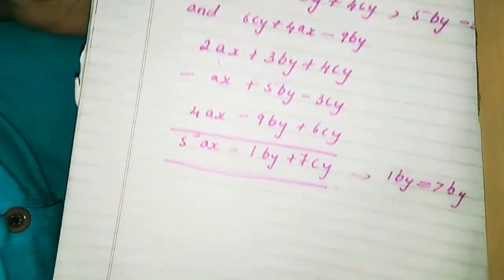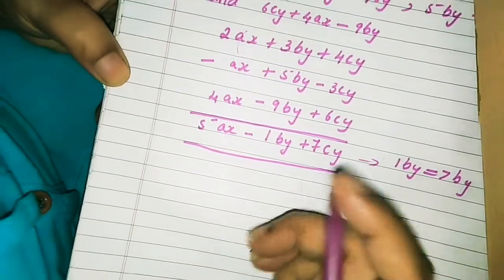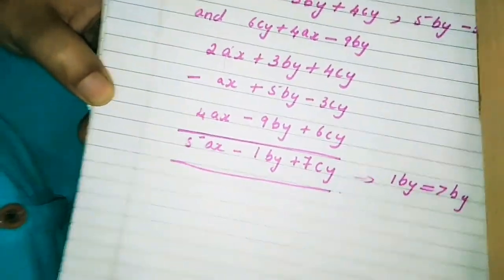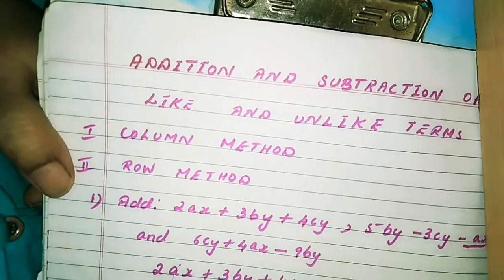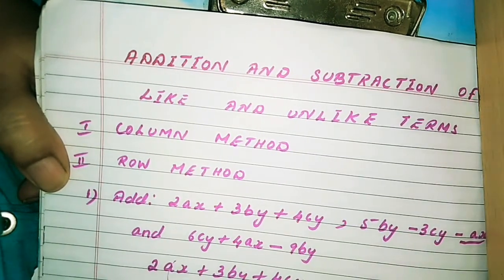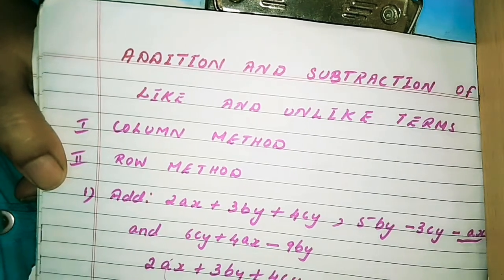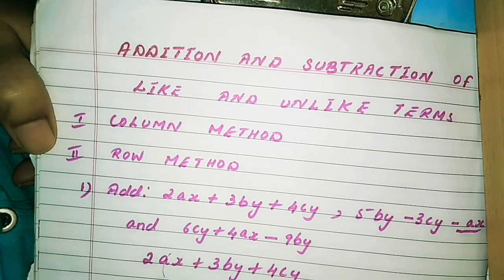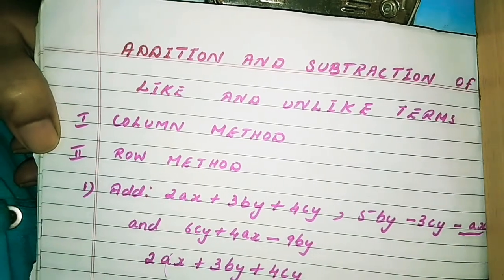Now let's check out the same sum in the row method. We will apply the row method for the same sum. The question here is 2ax plus 3by plus 4cy. This is the question that we are going to work out in the row method.